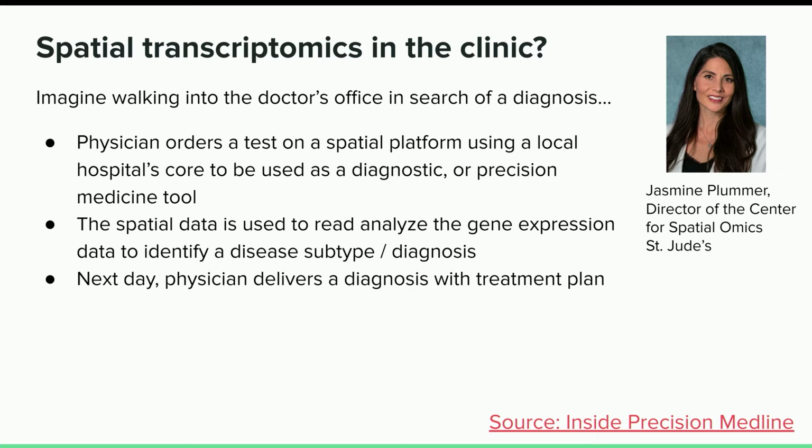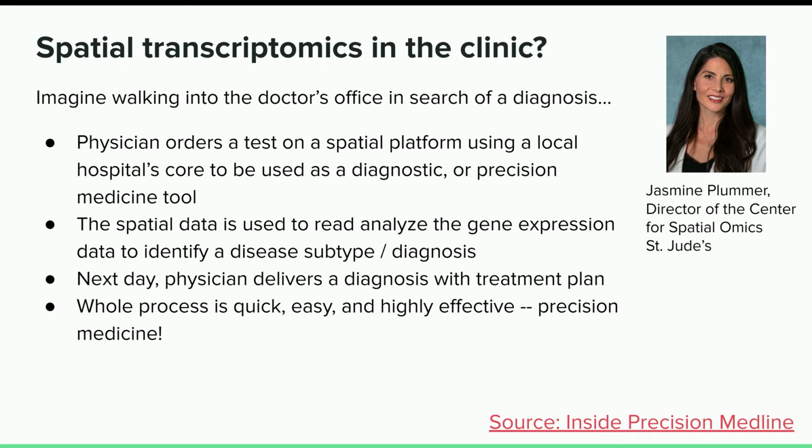The next day, the physician delivers the diagnosis with the treatment plan. The whole process is quick and easy, highly effective, precision medicine, yay! Okay, so this is kind of like the dream, right? This is maybe the thing that we would like to have happen, but the reality is we are nowhere near that. Maybe, yes, but the road is challenging.